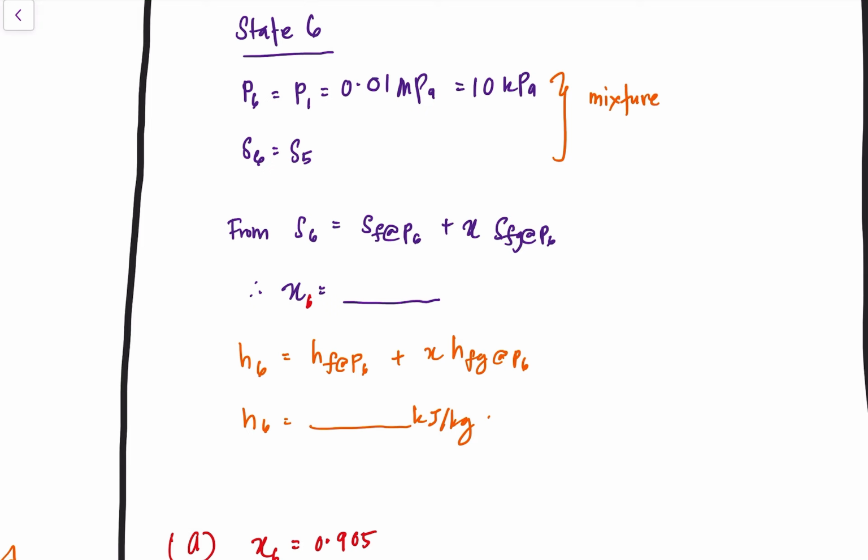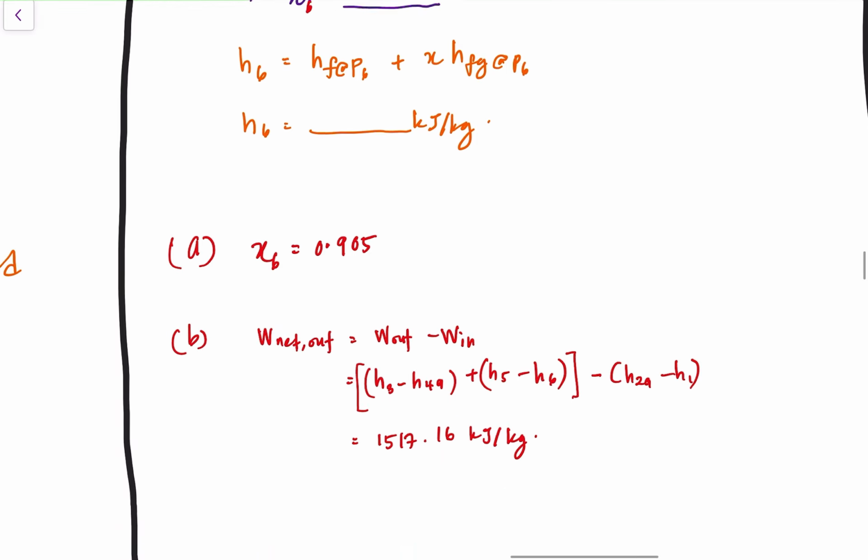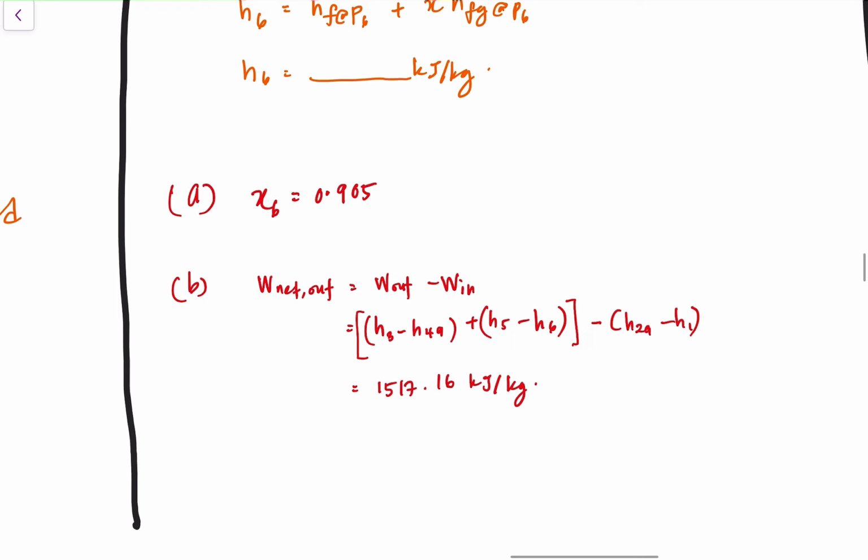So for this, we cannot determine the actual enthalpy because we don't have the information on the actual side. Alright, so previously you have determined the quality at state 6, so you're going to get 0.905, and this will be the answer for item A.